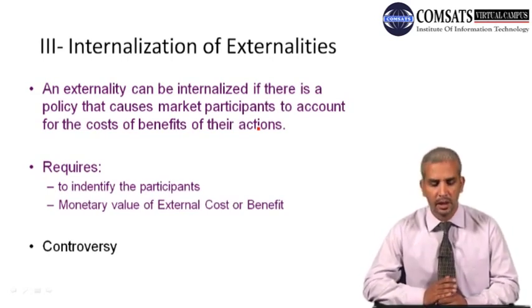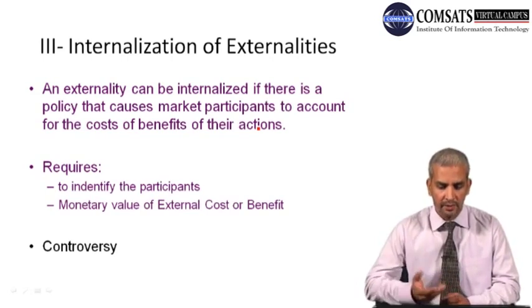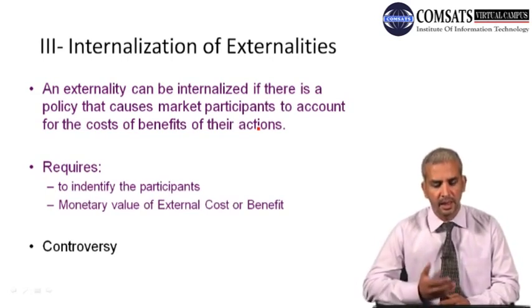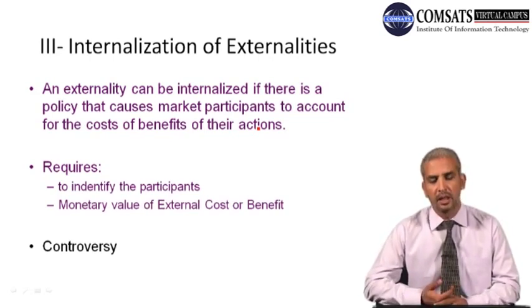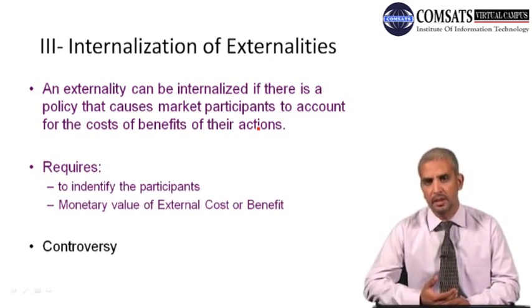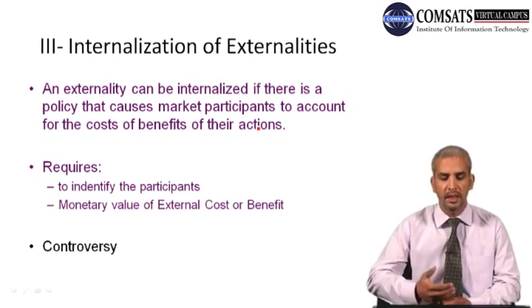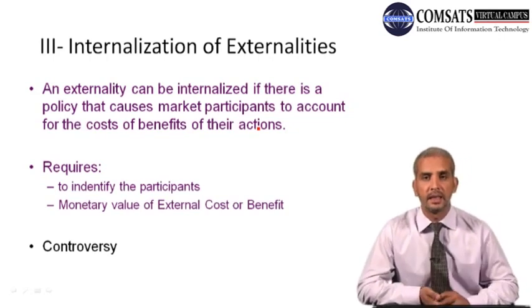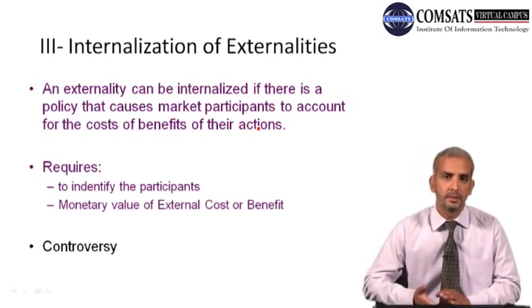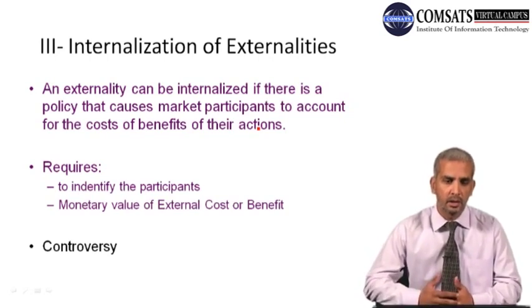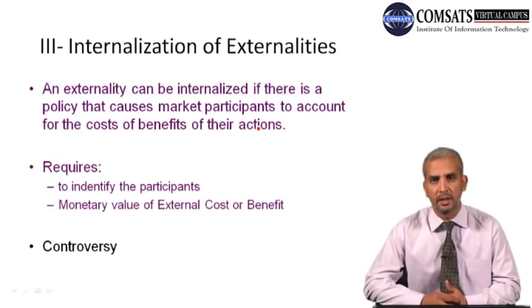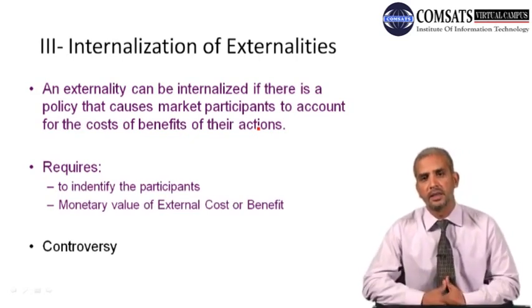Now, what if in certain cases the government can intervene in the system, and with the intervention of the government we can internalize the externality by making the market participants, the first and second party, account for the marginal external cost or the marginal external benefit in case of a negative or a positive externality.